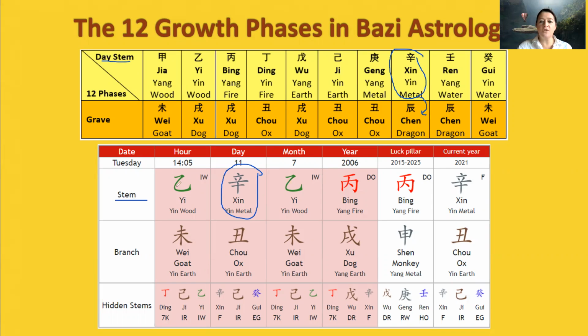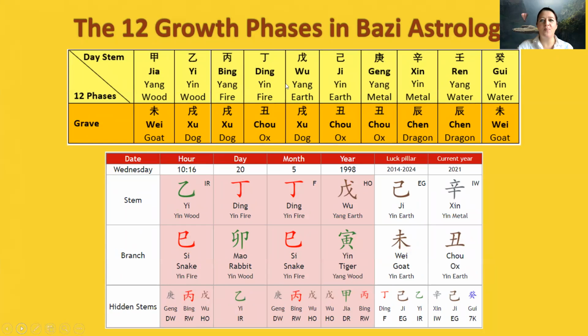Now for this person, there's no dragon anywhere. Therefore, this person is not exposed to the grave phase anywhere in the natal chart, luck pillar, or the current year pillar.